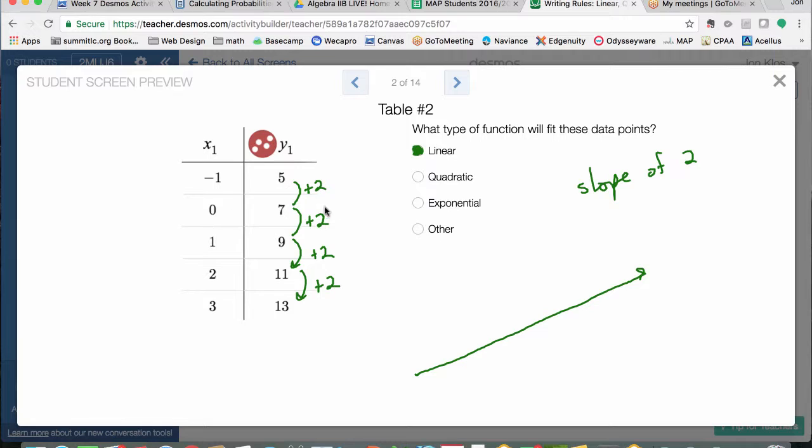If I wanted to put it into an equation, my y-intercept is 7. So an actual equation for this graph would be y equals 2x, because we're always adding 2 over and over again, plus 7. There's my y-intercept. So that's a lot of review of what we did in the first half of the year. There you go. We got a linear function right there.